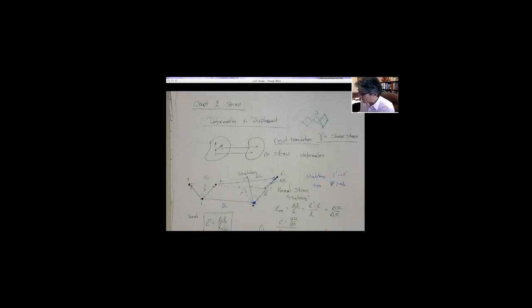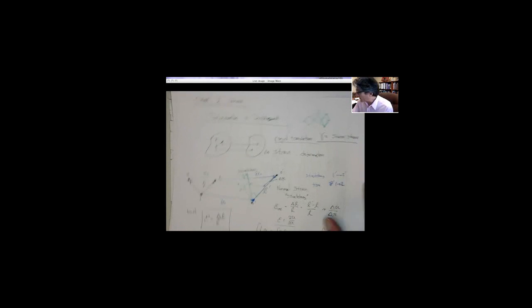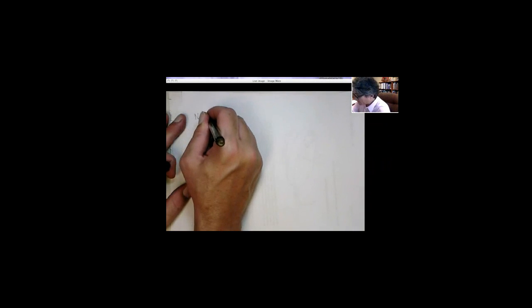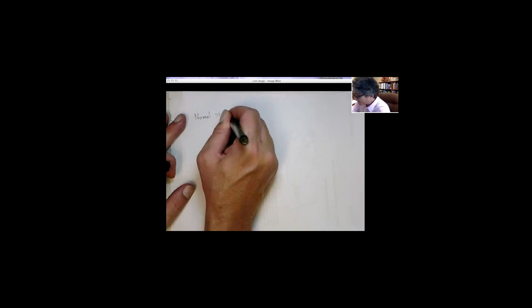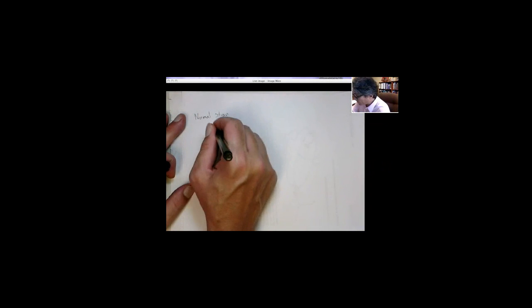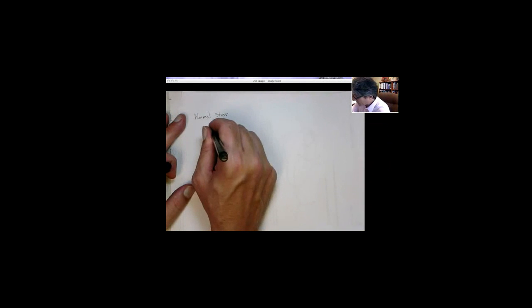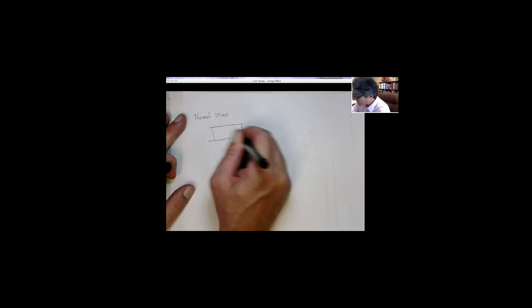There are two types of strains, the normal strain and then the shear strain, okay? The normal strain is associated with stretching. Just to summarize, normal strain has to do with stretching. So if here's your undeformed block, it will stretch into something like this.